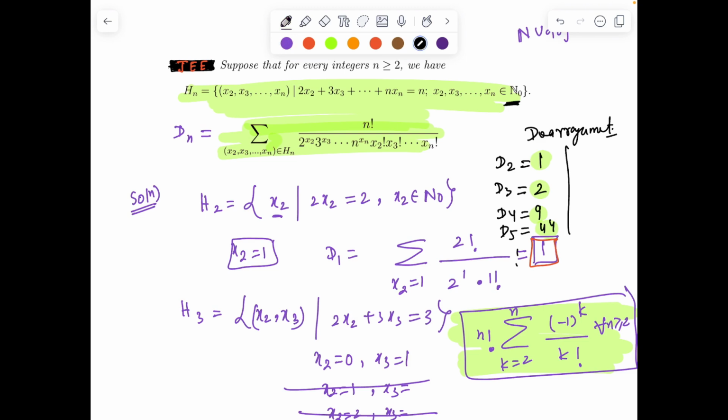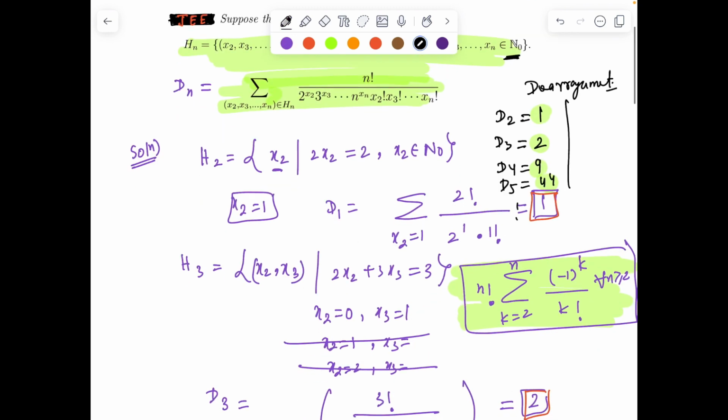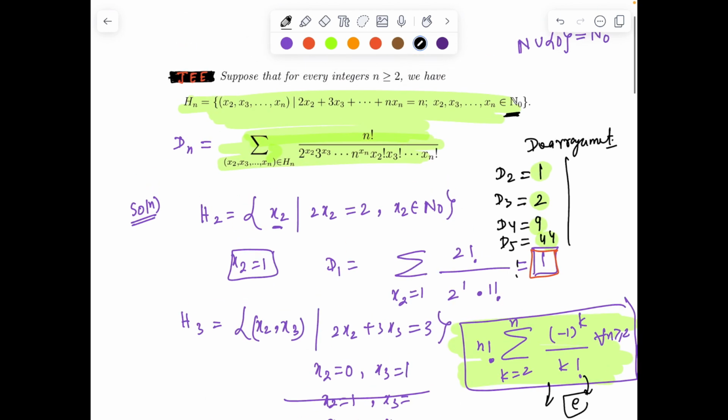And what is interesting is the case when n tends to infinity. Under that case, this will be having an e connection. So it will be related with e because it will be the series expansion of e. So even this quantity, when n is tending to infinity, like when n is too large, will converge to the e value.